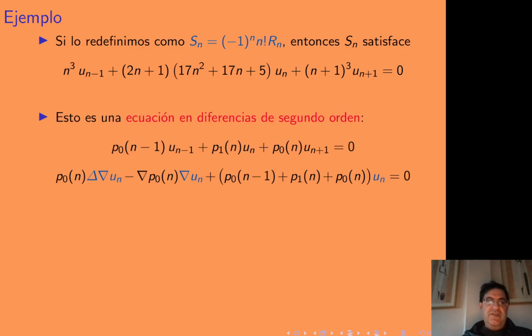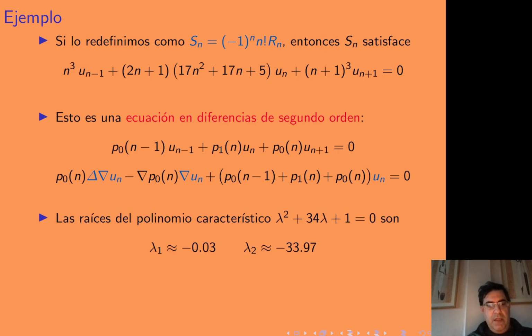This of course is a recurrence, and it's not difficult to transform any kind of recurrence of any order, but in this case second order, into one where you have really these difference operators. And for this particular case, as I said, if you divide by n cubed, you can compute the characteristic polynomial, which is lambda squared plus 34 lambda plus 1.